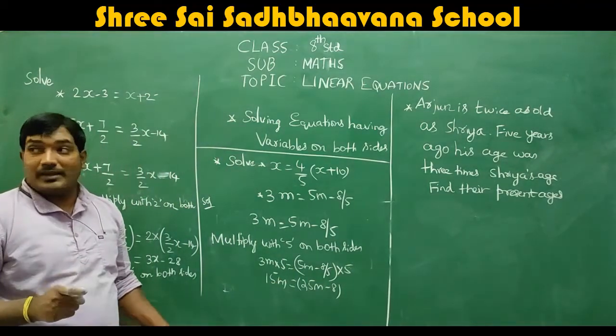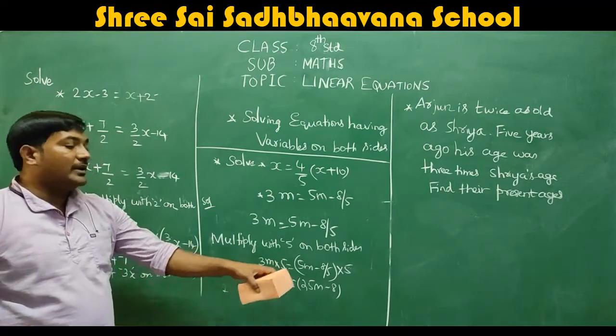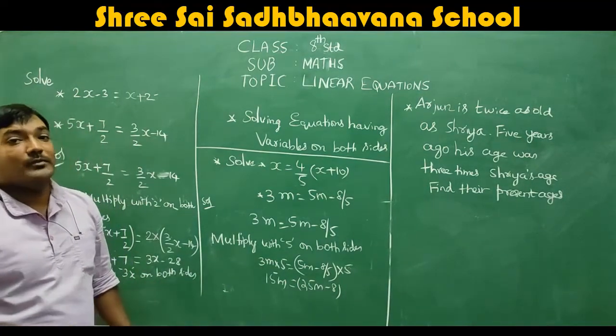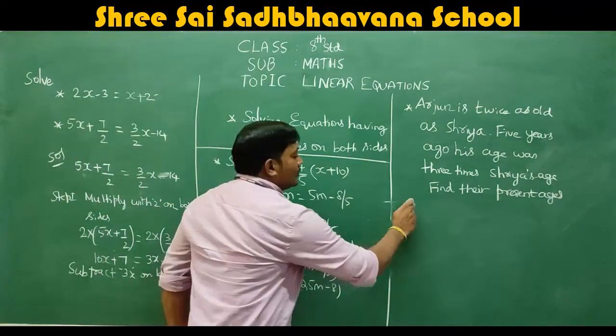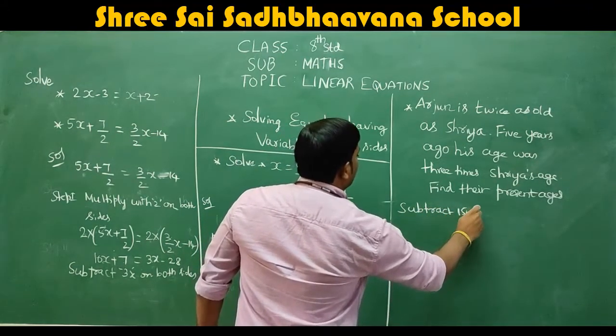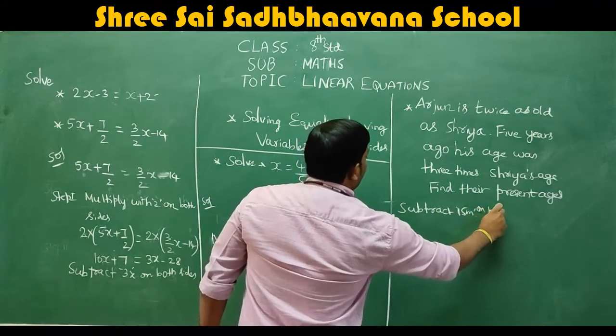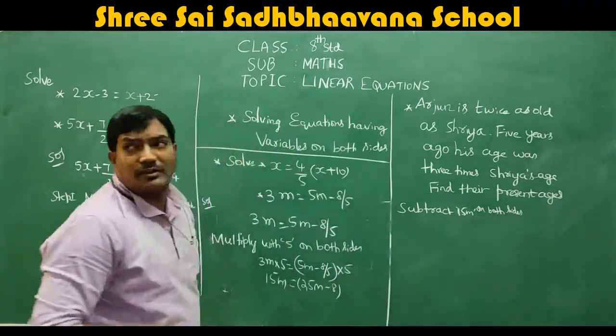Okay. So here you see, we have variable, 15m is greater than 25m. No, 25m is greater than 15m. So what we have to do? Eliminate 15m. We subtract 15m on both the sides. See, don't get confused here. M is given. In the last cases, we had x and y. That's all. We can use anything. It may be x and y.